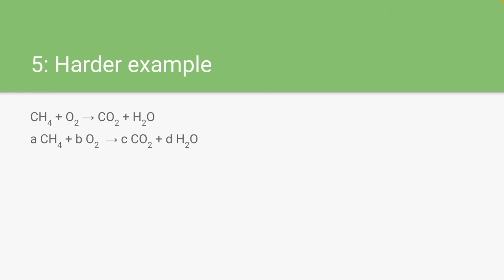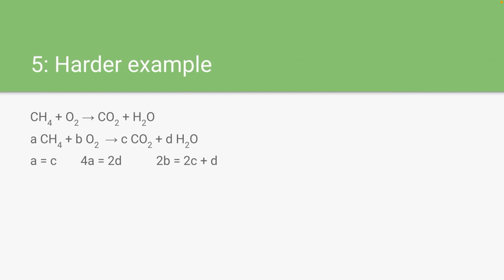A CH4 plus B O2 makes C CO2 plus D H2O. So this is harder because it's got 4 coefficients, obviously. For this one, you can see that there's 1 carbon on both sides, so A equals C. And also 4A equals 2D, because there are 4 hydrogens on the left side and 2 hydrogens on the right. And this one's a bit difficult because on the right side there are two molecules that contain oxygen.